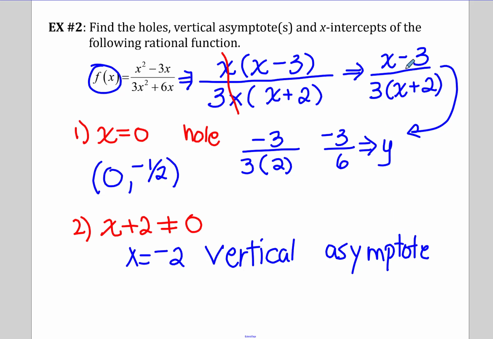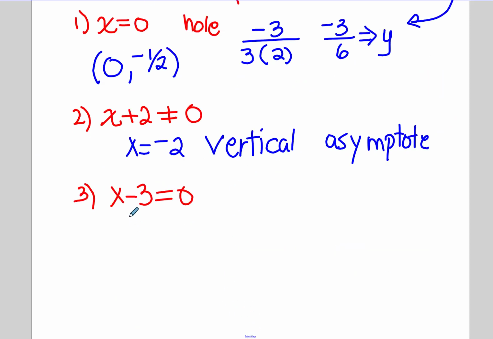And then we have one more thing we want to do. We want to set the numerator equal to 0, x minus 3. And when the numerator is 0, we have found an x-intercept. This is our x-intercept: 3, 0.